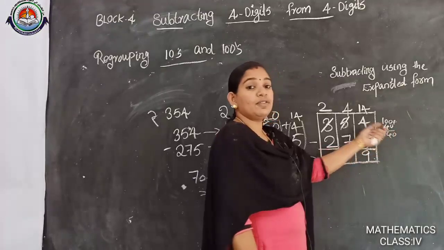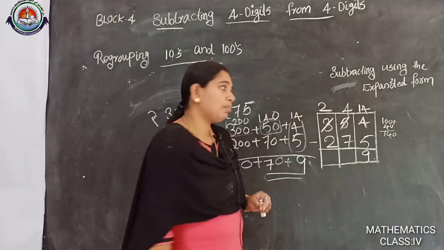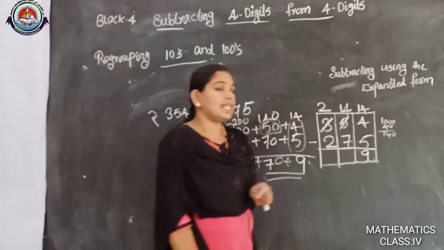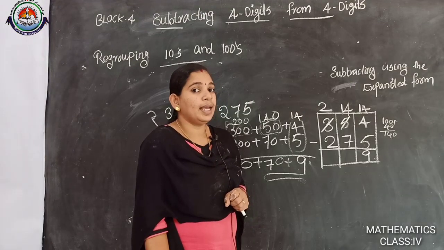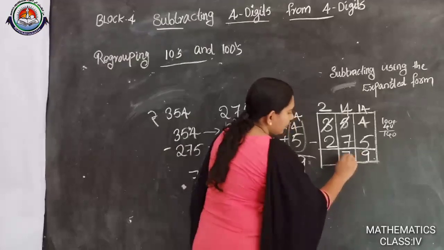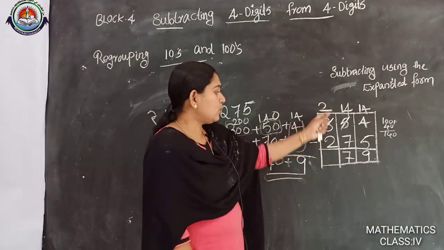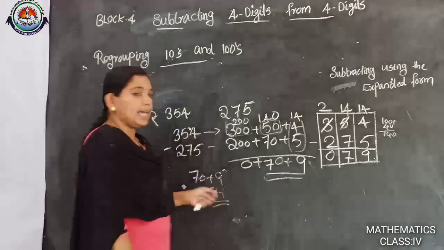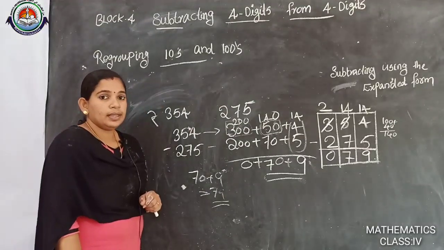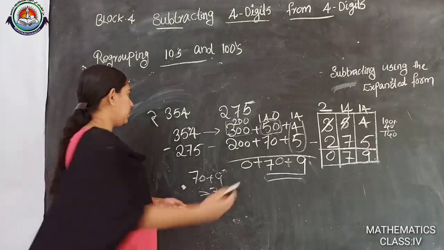So in the tens place we write 14. Then 14 minus 7, yes, 7. Then 2 minus 2, 0. So what is the value? 79. Okay, then we will do another problem.